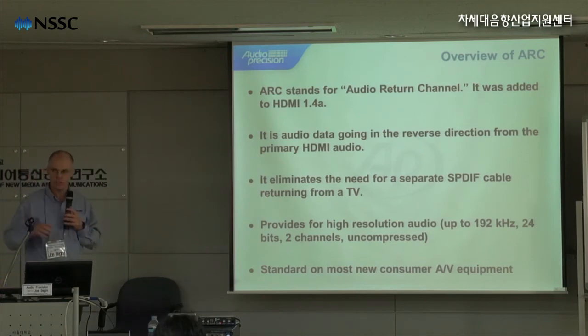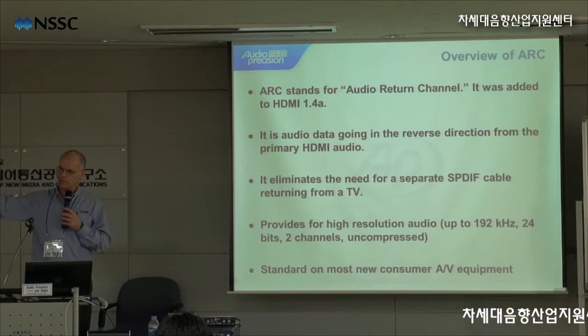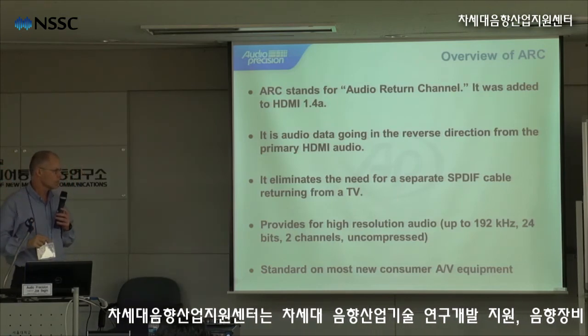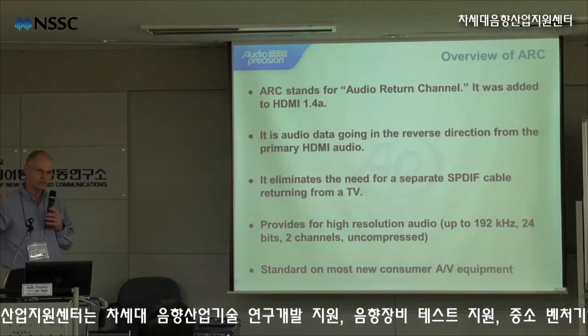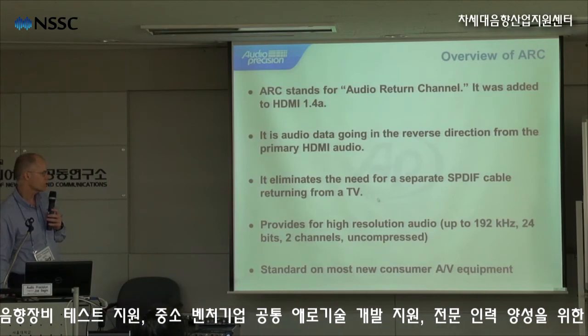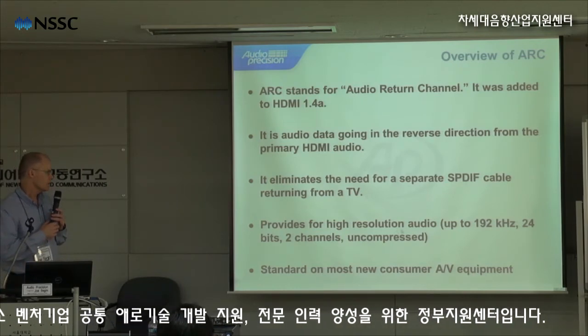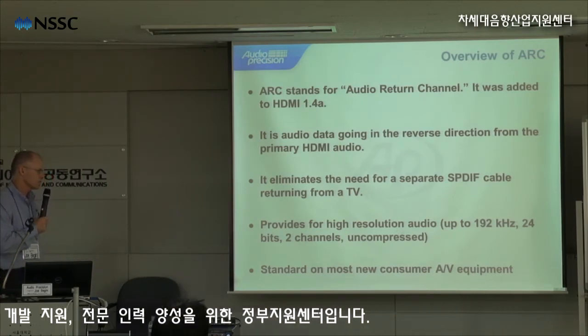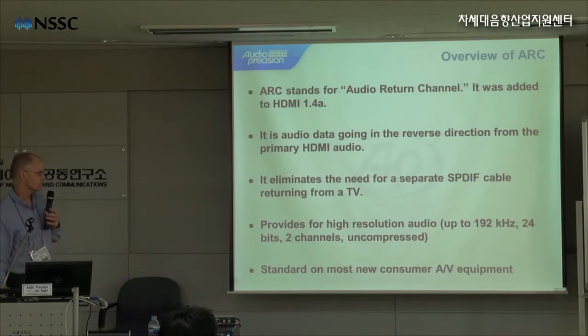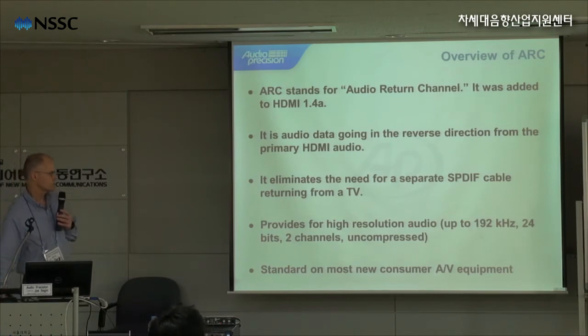It's when you have a television connected to an AV receiver, and you're streaming in a wireless signal over the air, like a broadcast signal, and you want to send the signal to the receiver over the same cable, you can use what's called the audio return channel. It also provides for high resolution audio up to 192 kilohertz, 24 bits, and only 2 channels uncompressed. It's standard on most new consumer audiovisual equipment.